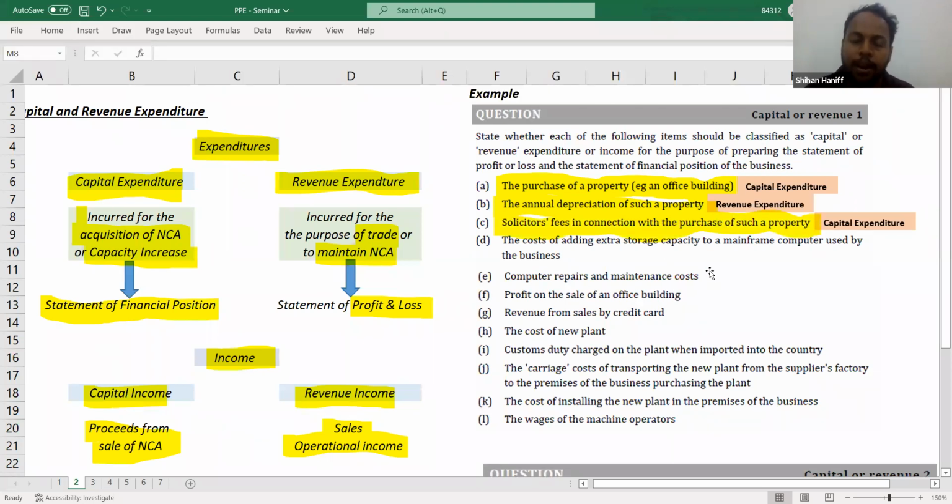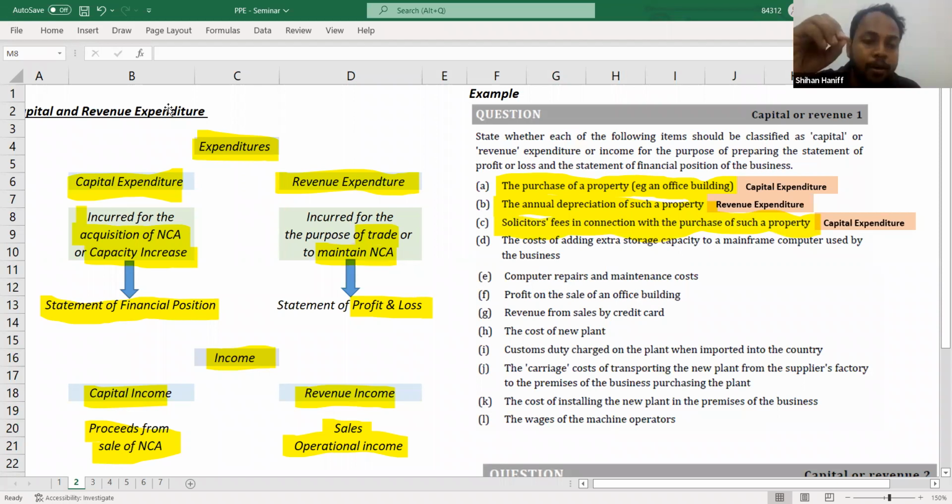Right. Now I'll just brief you on another thing. Say we are purchasing a machinery for our business. That machine we are purchasing from China. That machine is in China. So you will pay the purchase price to the seller in China.